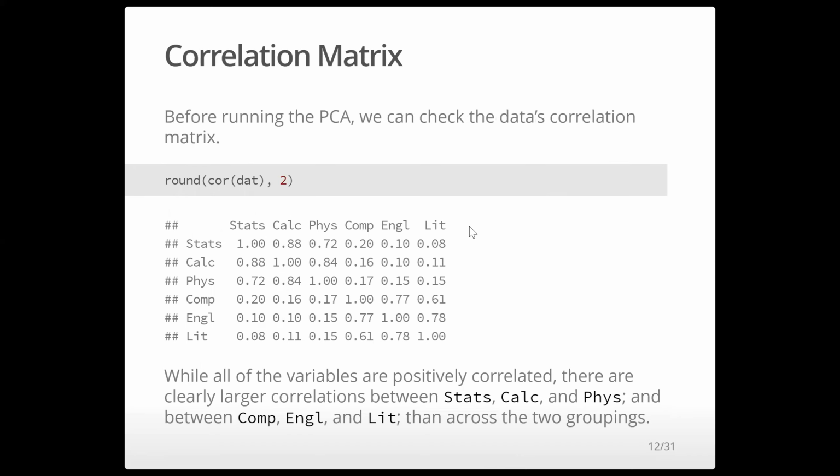So before we run the principal components analysis, we can take a look at the covariance matrix, or rather the correlation matrix of the data, because that's easier to interpret. We can immediately notice that these first 3 variables are all highly correlated with one another, but they're not as correlated with the next 3, and those next 3 are more correlated with one another as well.